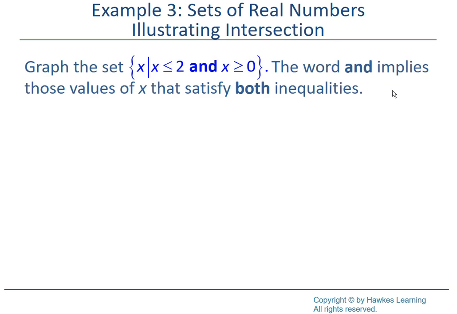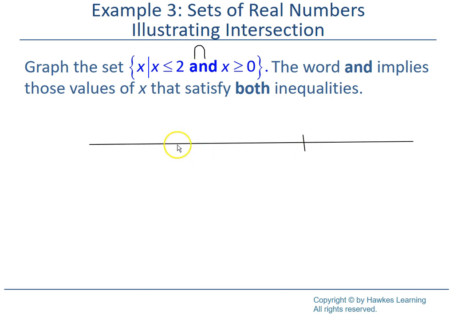Okay, now in example 3, we're doing what is called intersection. And you might say, how do we know that? Well, because of this bold-faced word and. This is an intersection. So let's graph this. There's our line.